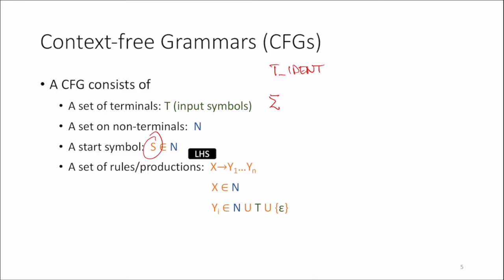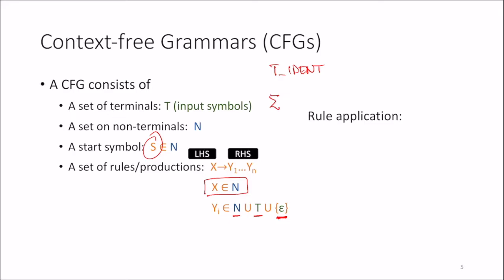And the left-hand side is always an element from the set of non-terminals. And the right-hand side is any mixture of non-terminals or terminals, and you can even have the empty string. So you could say that a certain non-terminal X has on the right-hand side just the empty string. So these are how you can build these rules.